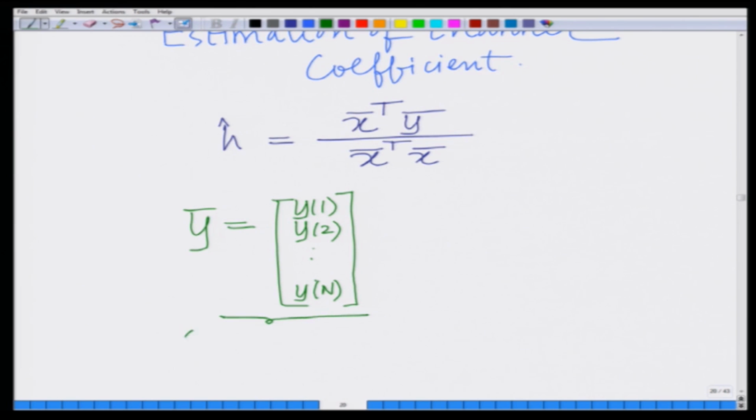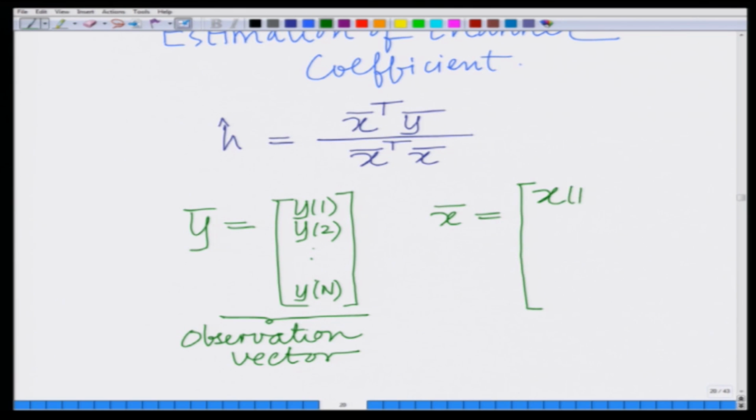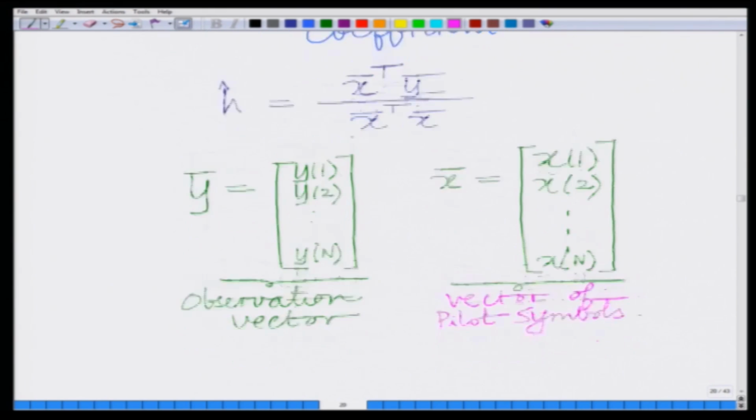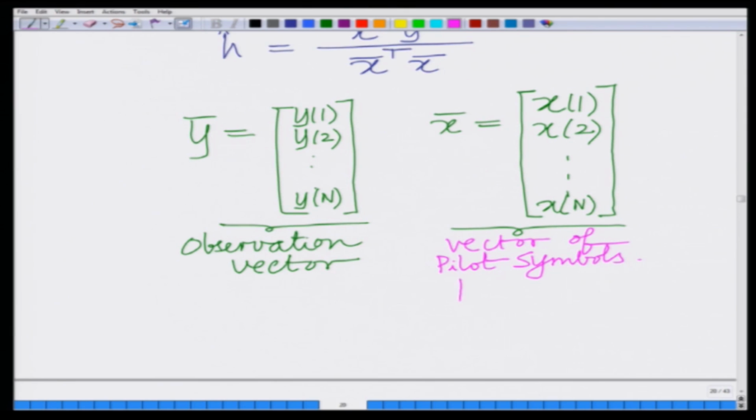So, this is your observation vector, and x bar equals x1, x2, up to xn, and this is your vector of pilot symbols. Remember, we said x1, x2, xn are the pilot symbols that are transmitted for channel estimation. So, x bar is the vector of pilot symbols.